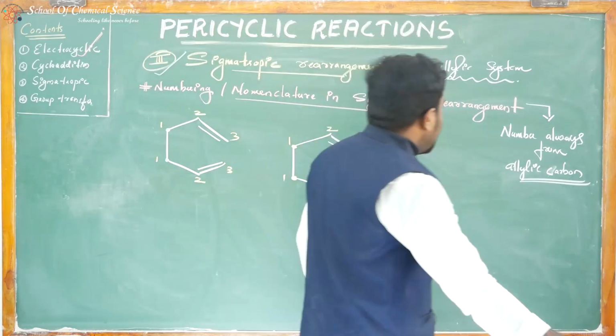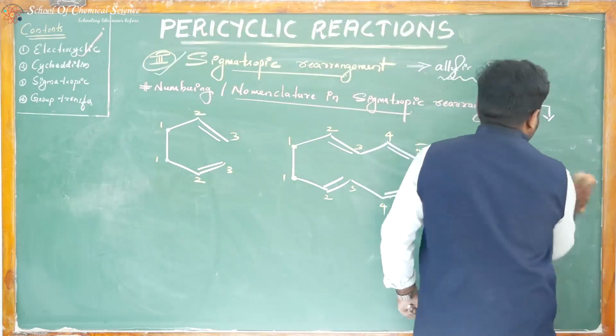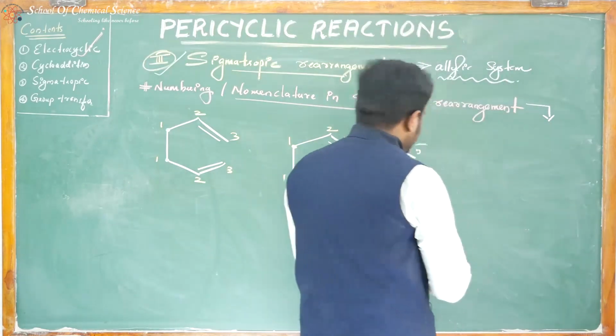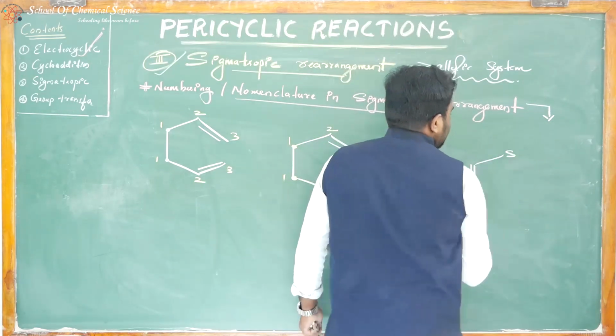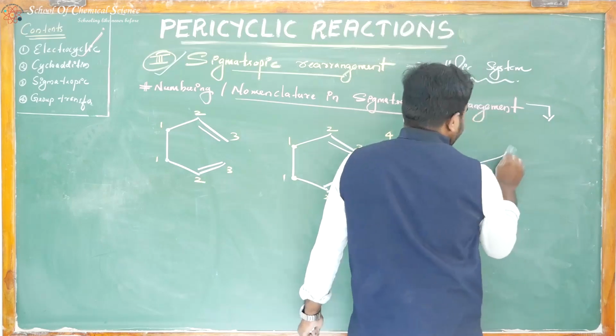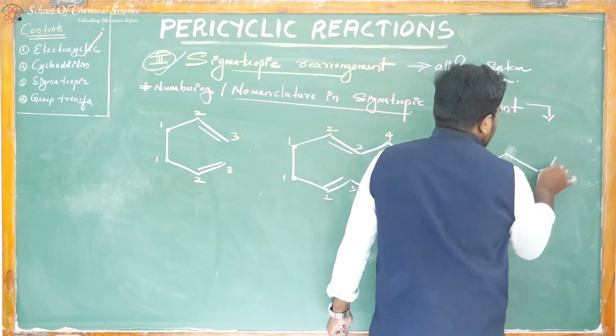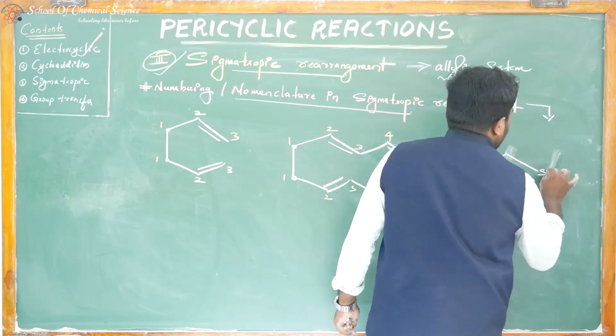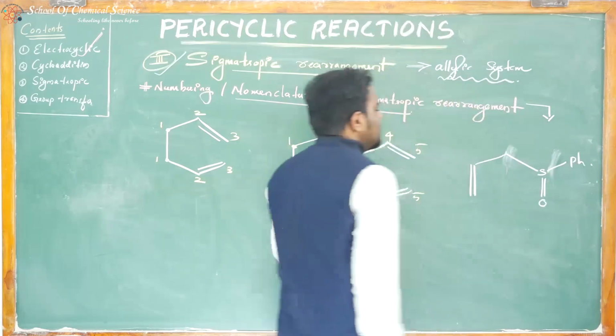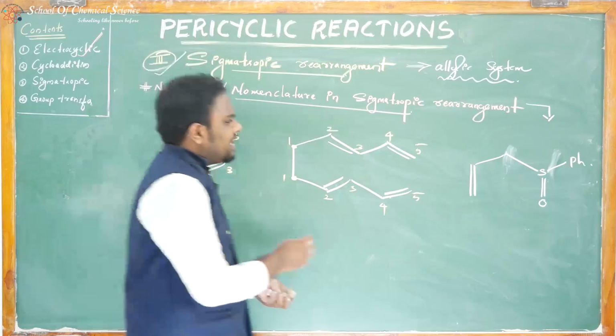Then another system. S double bond O pH. Which is the allylic carbon?